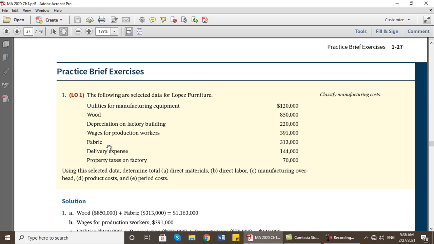Direct labor, as you see in the data here, direct labor wage for production workers. Here's the figure, 391,000. C, manufacturing overhead.